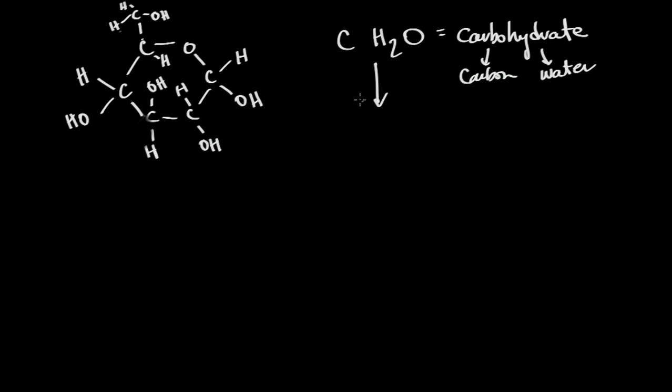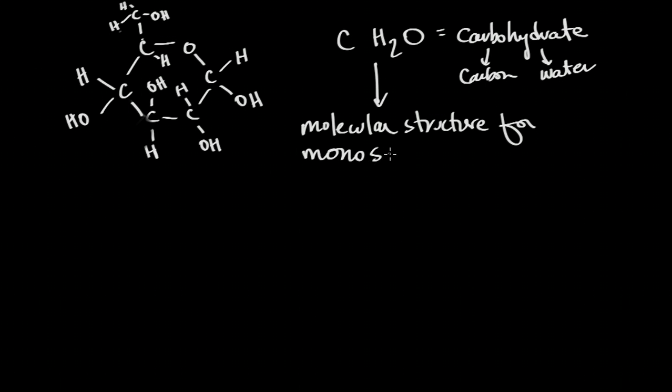So we've got carbon and water, and so really, let me just point out that the molecular structure for monosaccharides, which this is an example of, is CH2O, or C1H2O1.